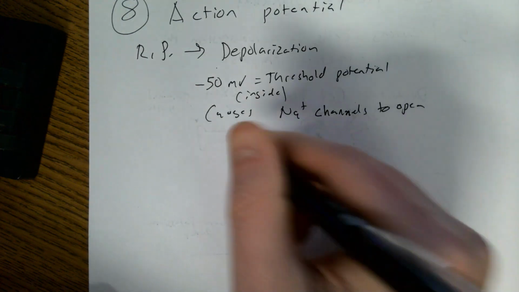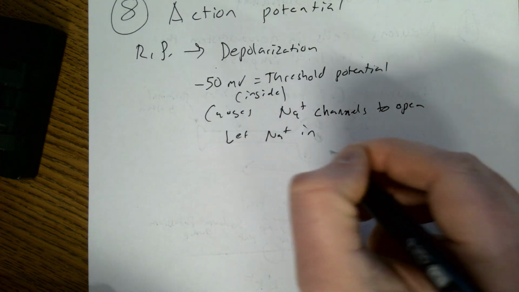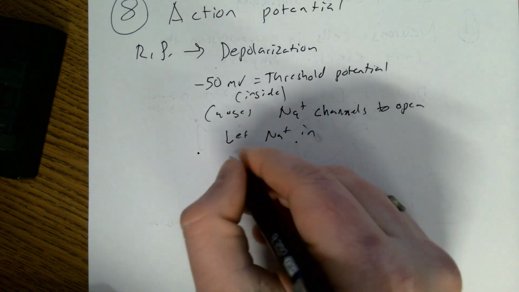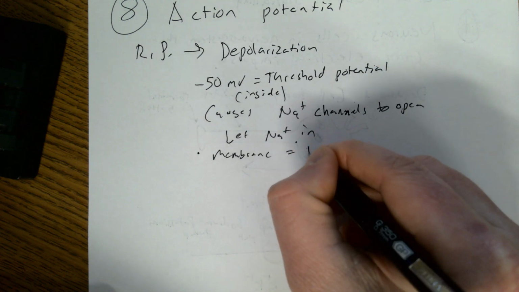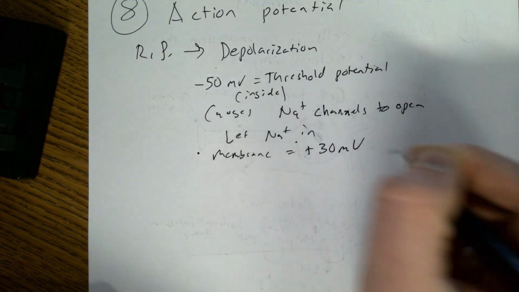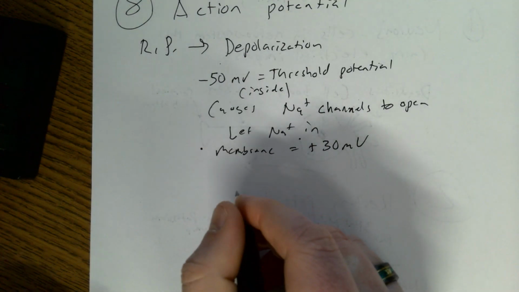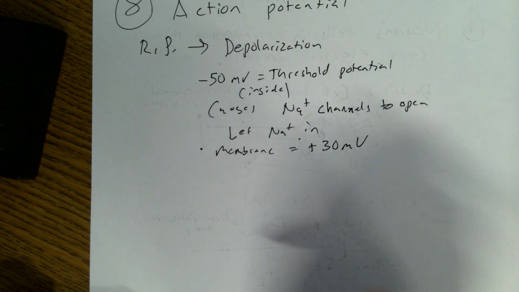They open up and let sodium in, which causes the membrane to become depolarized, or positively charged. The inside of the membrane becomes about positive 30 millivolts. You went from negative to positive, hence depolarization. Remember, this is a voltage gated channel, so it only opens because you've reached that threshold potential.